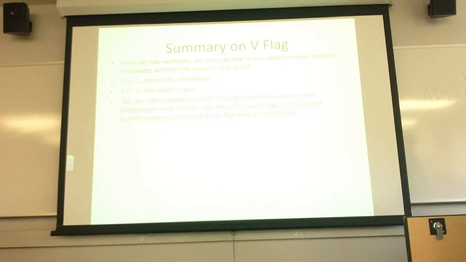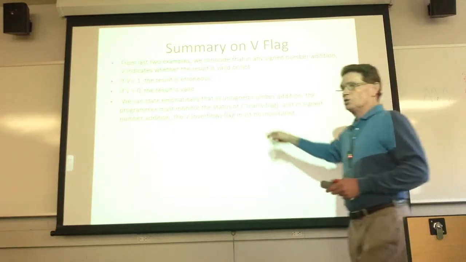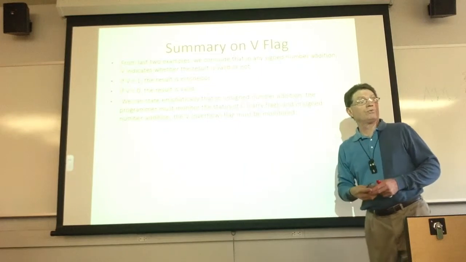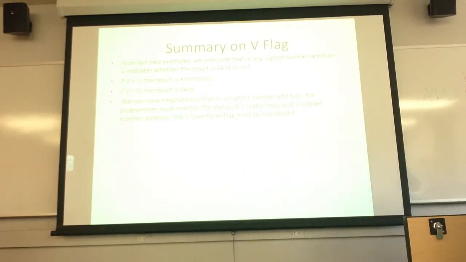So you can state that in unsigned number addition, the programmer must monitor the carry flag, and in signed addition, you look for the overflow. When you're doing 8-bit unsigned arithmetic, just look for what's propagating into the carry. That will tell you if you're going out of the range of numbers you can use for unsigned arithmetic.